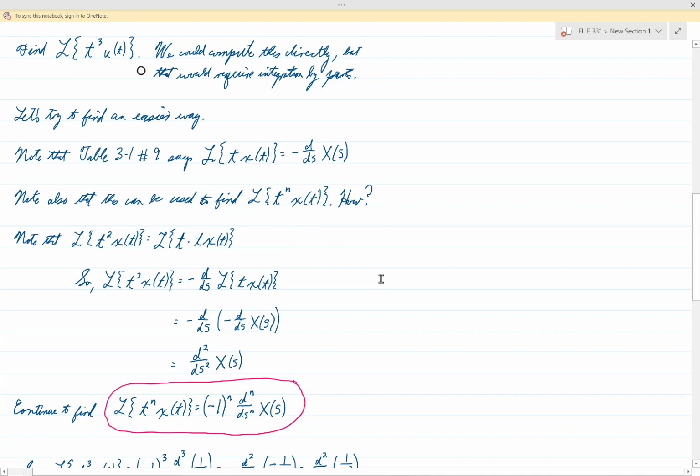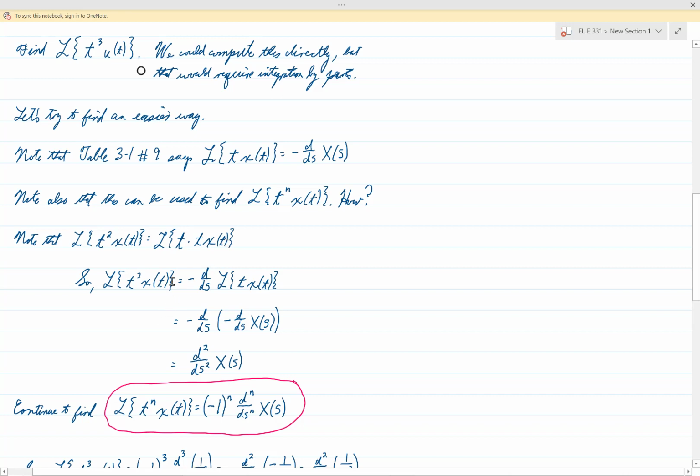Well, how would this go? Let's do it for n equals 2, and I think you'll immediately see how we played this game. So the Laplace transform of t squared x of t would be the Laplace transform of t times t x of t. Now then, think of this t x of t as being by itself. So we have the Laplace transform of t times a function.